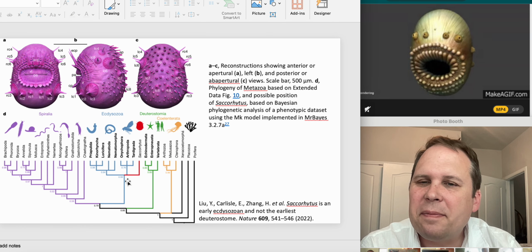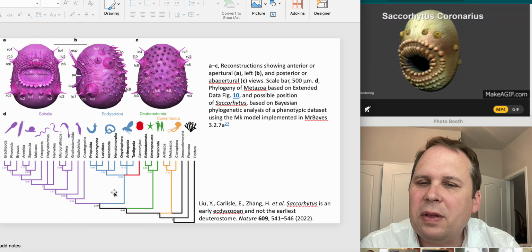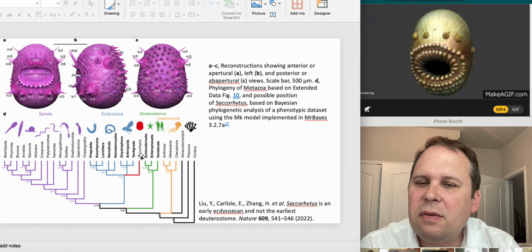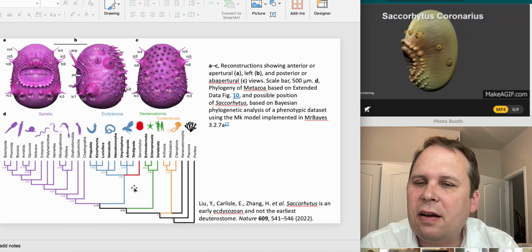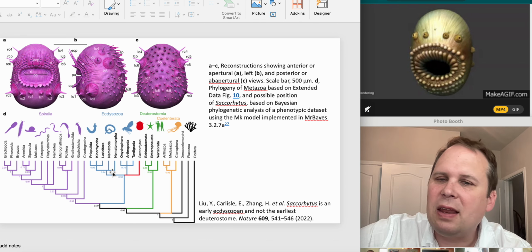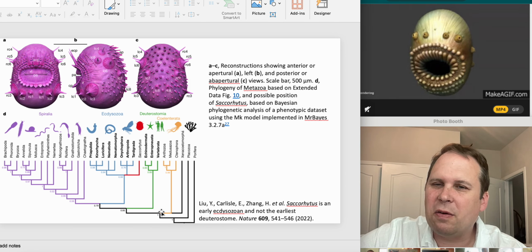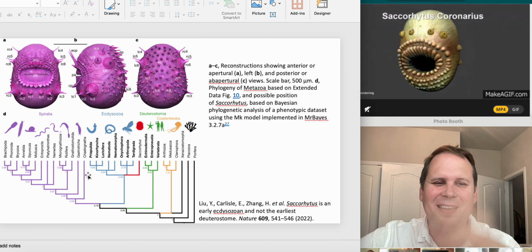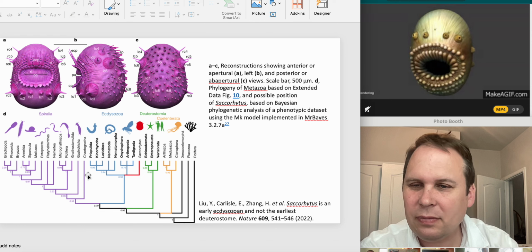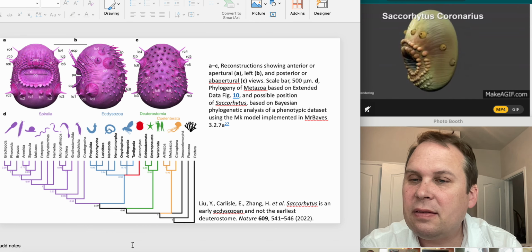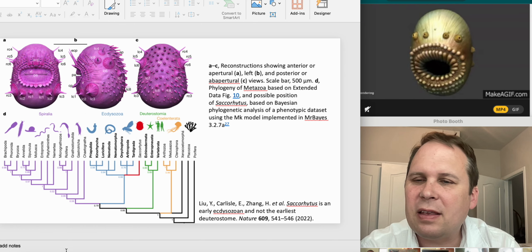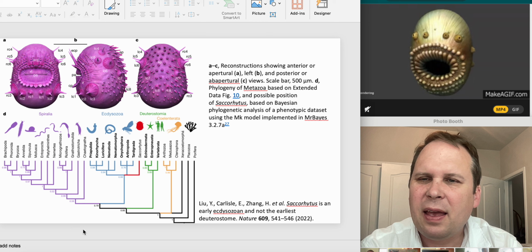It clusters with the ecdysozoans as a primitive thing that is loosely affiliated with arthropods and things like arthropods, but also loosely affiliated with other skin-shedding organisms like nematodes, kinorhynchs and loriciferans, all those cool things you would have learned about in invertebrate biology. But not on the branch that leads to brachiopods and things like that. So there you go.